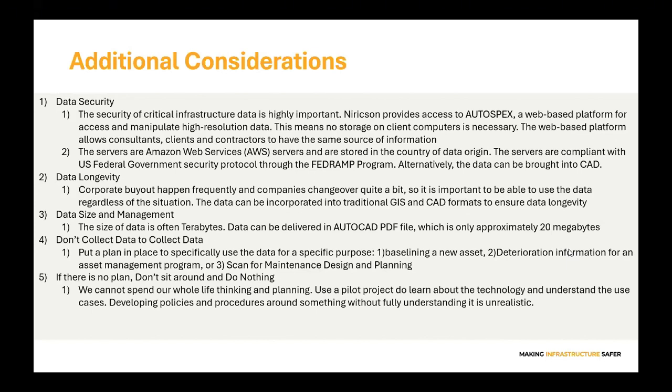We store all of our data on Amazon Web Services servers in the cloud. These are all U.S. federal government approved through the FedRAMP program, and we store it all locally in the country where the data is collected. So if the data is collected in Canada, we store it on AWS servers in Canada. If it's collected in the U.S., it's stored in the U.S., et cetera.